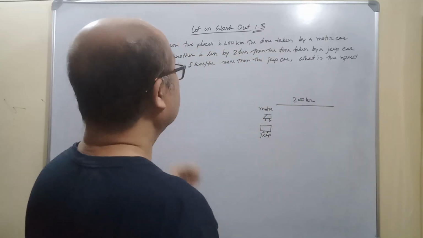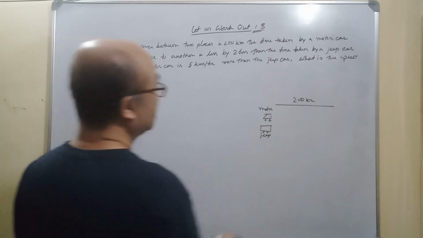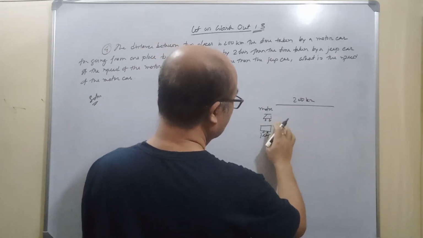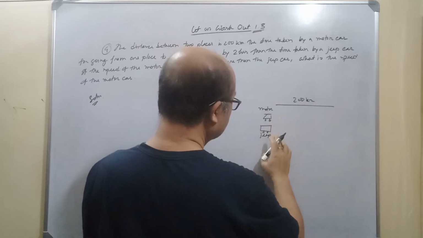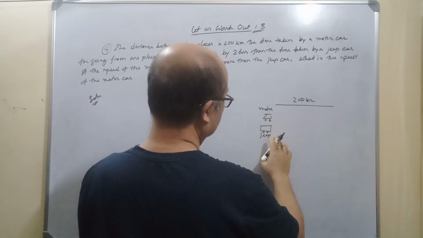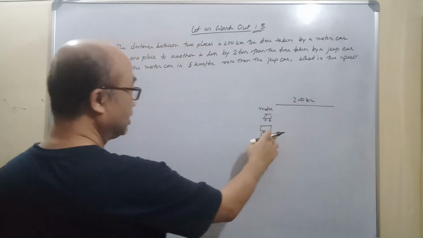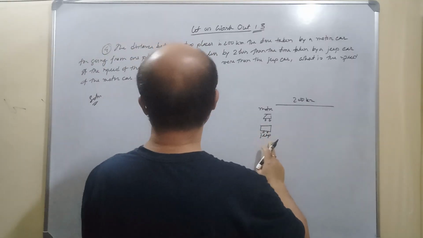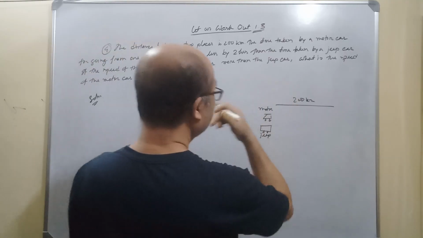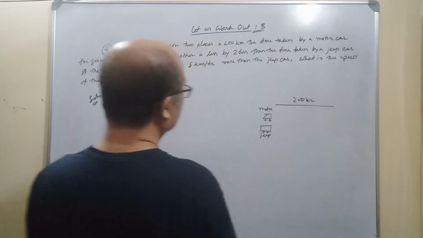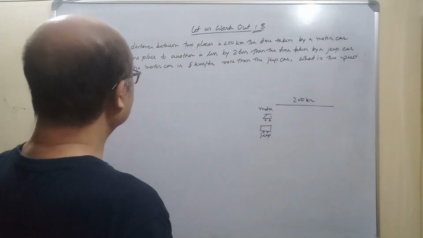So it says that the time taken to cover this distance by the motor car is 2 hours less than the time taken by the jeep car, but the speed of the motor car is 5 km per hour more than the jeep car. So we have to find the speed of the motor car.